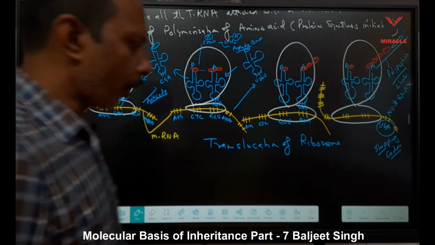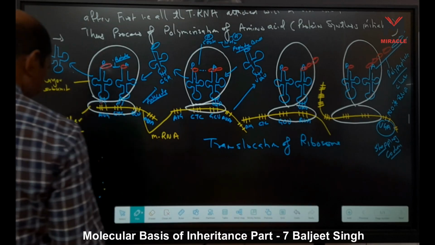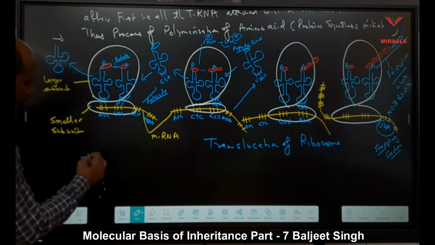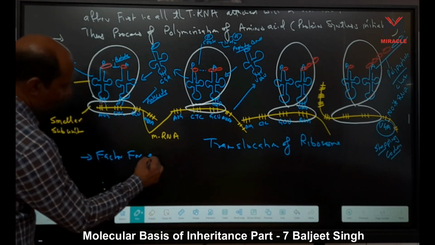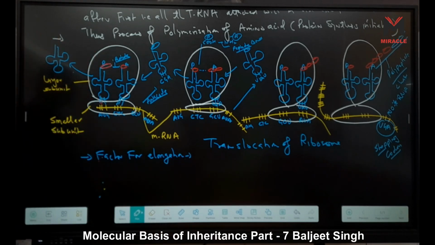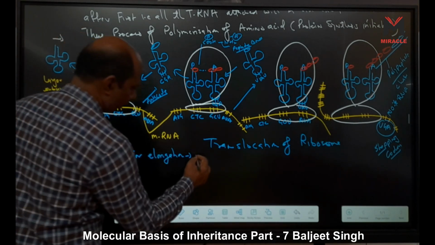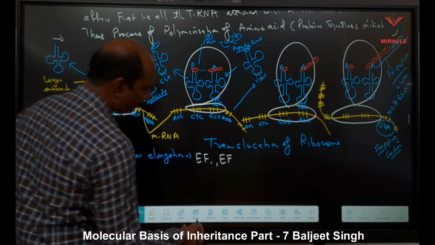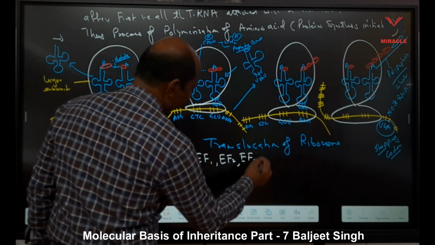Okay. In case of prokaryotes, for elongation, we also have factors. Elongation means what? We have factors for elongation: EF1, EF2, or EF3 sometimes.